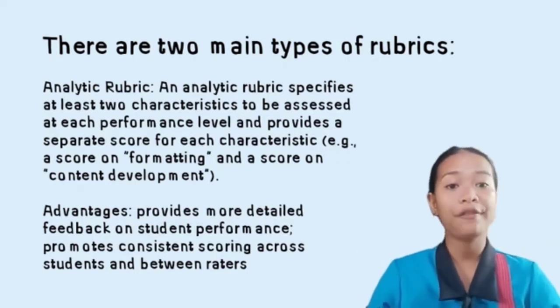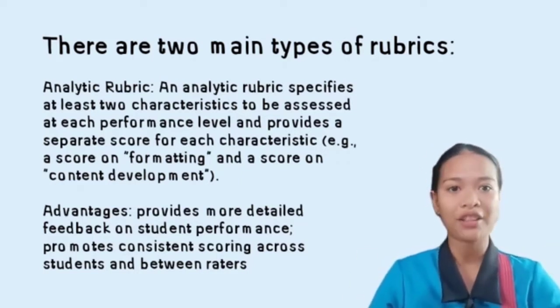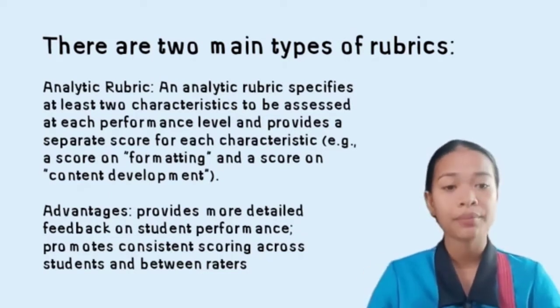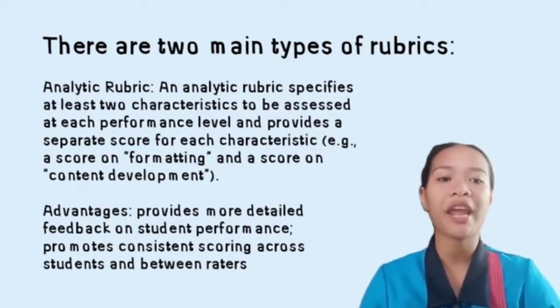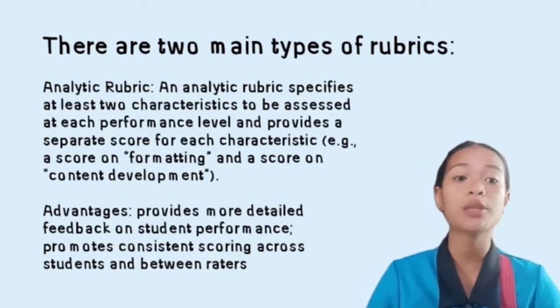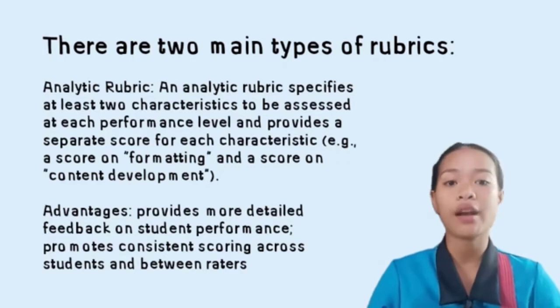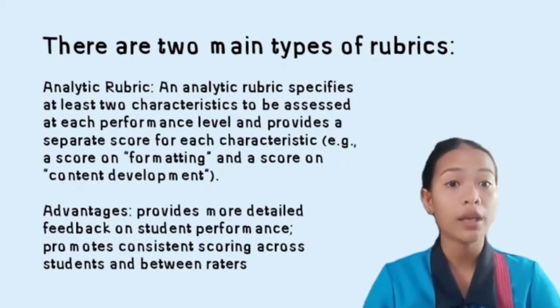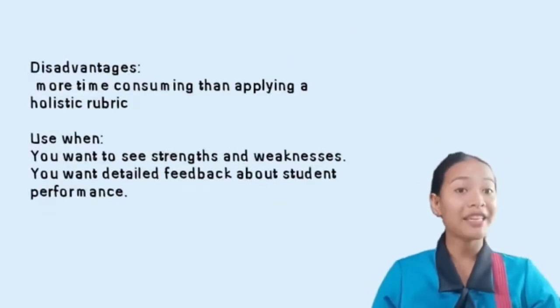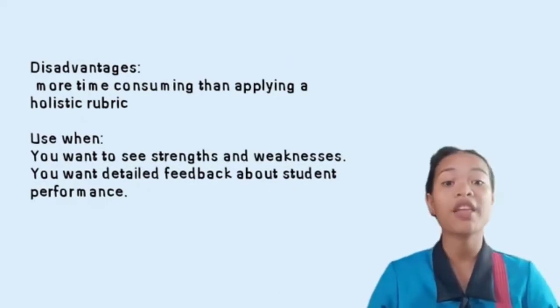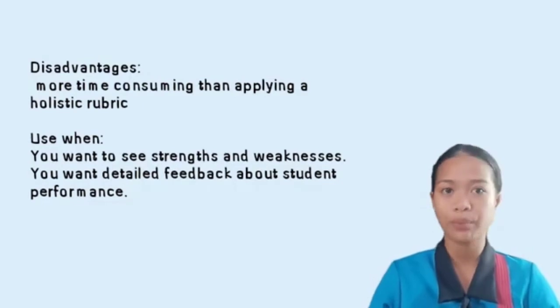So there are advantages and disadvantages. So, first, advantages. It provides more detailed feedback on students' performance, and promotes consistent scoring across students and between graders. And the disadvantage is, it is more time-consuming than applying a holistic rubric.